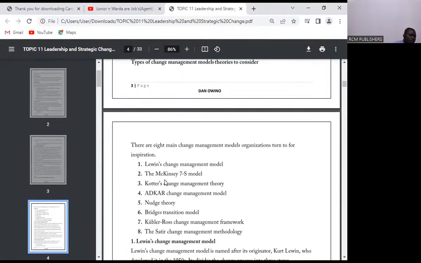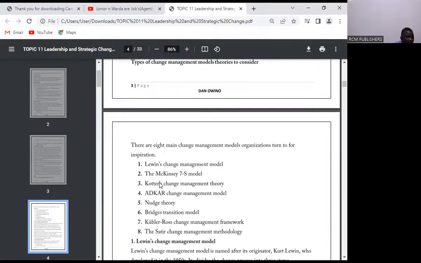Then number 2, we have the McKinsey 7S model. Number 3, we have Philip Kotler's change management theory, which normally contains the 8 processes of change management. So these are the first 3 that are mentioned there.